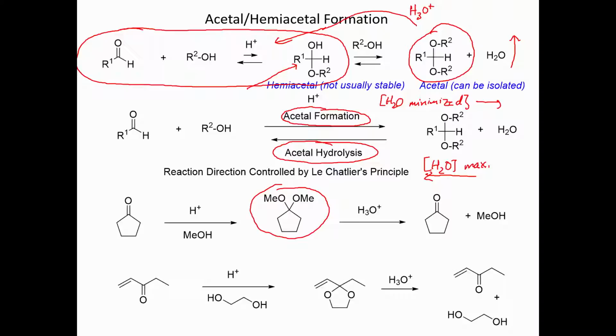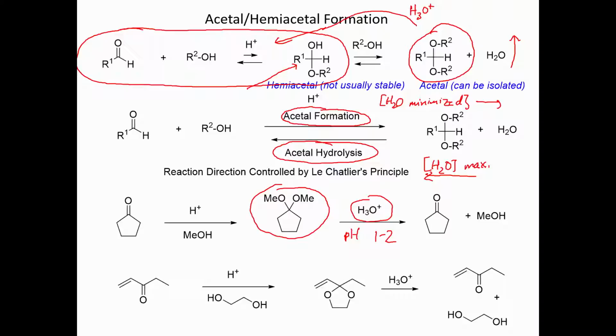So this is one way to control the equilibrium, to just use the alcohol you intend to incorporate into the acetal as the solvent. Now we're going to treat it with aqueous acid. H3O+ is what we're looking at here. Usually a pH of about 1 to 2 is required. Not super strong, but relatively strong acid. This will take the acetal back to the carbonyl compound.